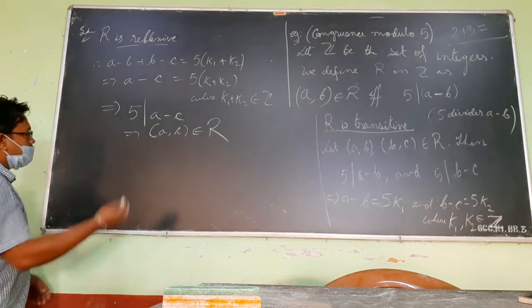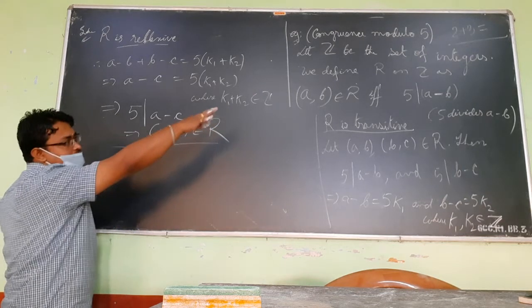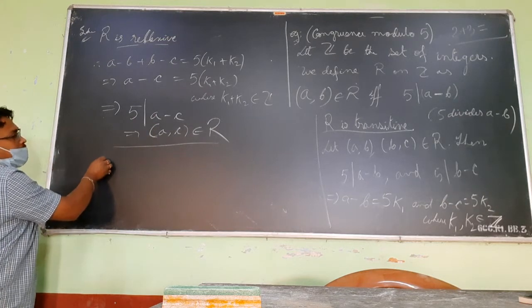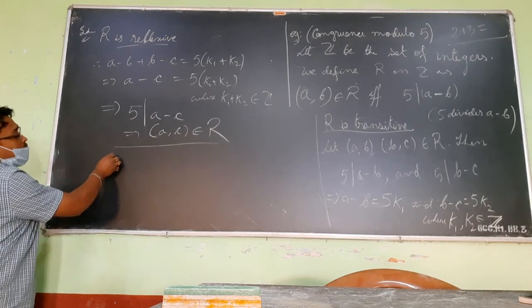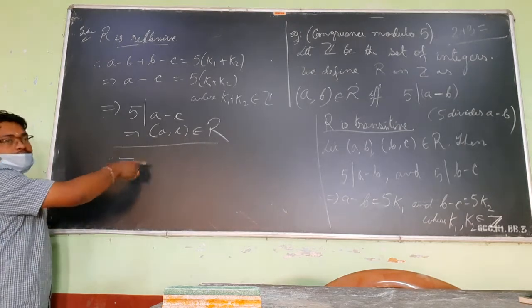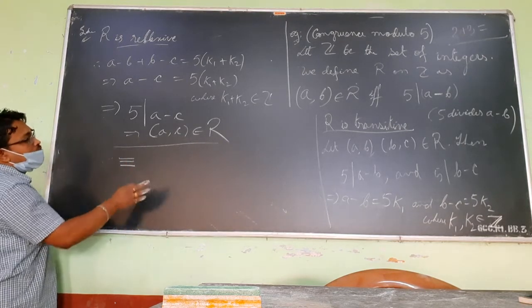Sometimes the symbols are changed. In an exam, if the question comes like this, we define a relation, instead of R it may be congruence. So don't get confused.